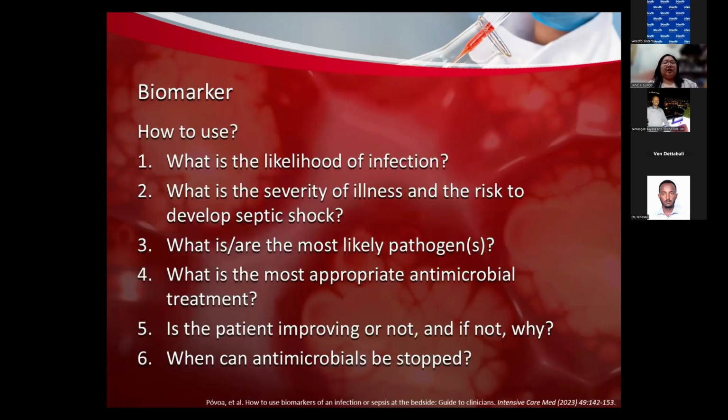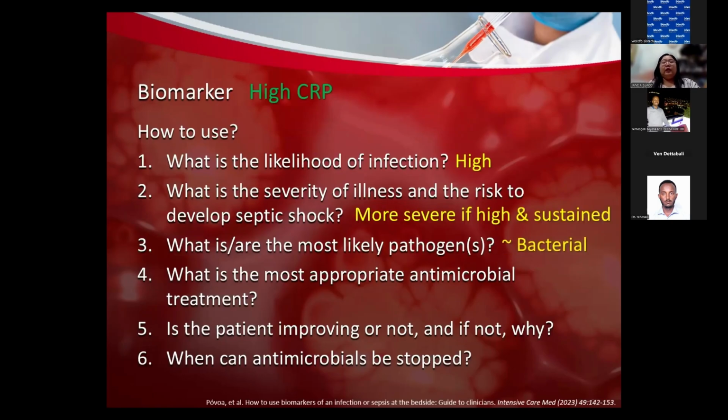Now that we've discussed how CRP can be used for diagnostic and post-response evaluations of patients assessed to have sepsis, we go back to this slide I showed earlier. As suggested by the various studies we've reviewed, high CRP suggests high likelihood of infection, more severe illness with higher and sustained CRP levels, which is usually bacterial.